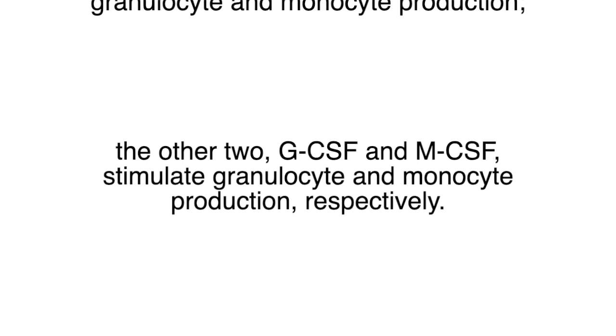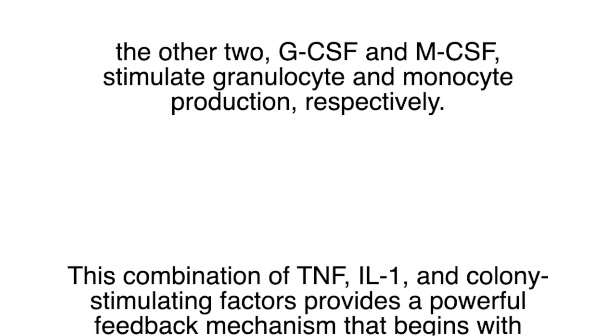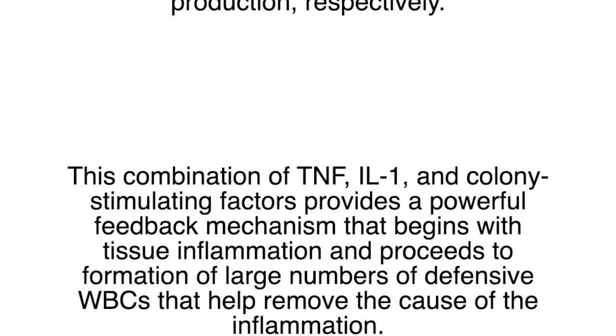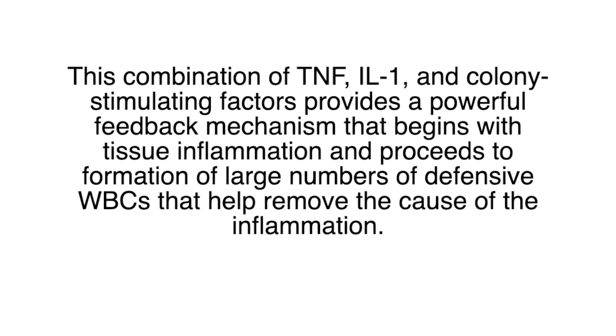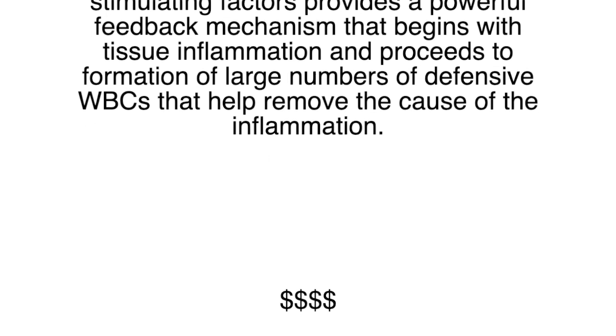This combination of TNF, IL-1, and the colony stimulating factors provides a powerful feedback mechanism that begins with tissue inflammation and proceeds to formation of large numbers of defensive WBCs that help to remove the cause of the inflammation.